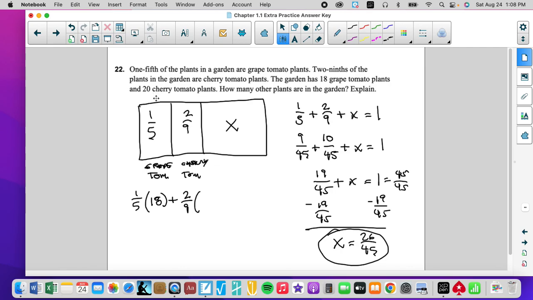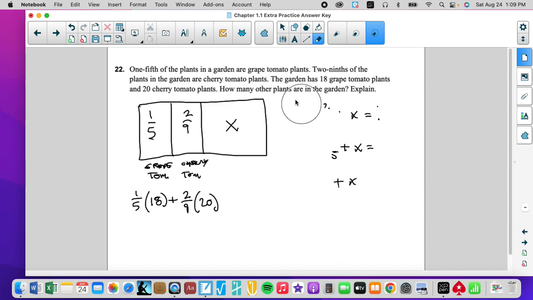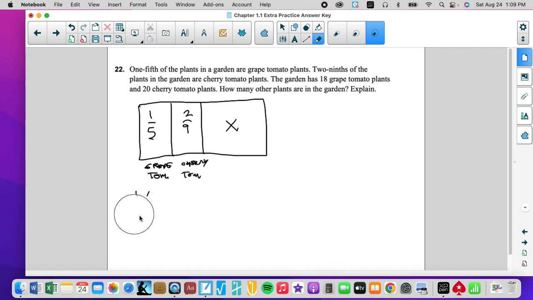Now that's interesting. Cherry, 2/9. Okay. 20. Right? Do I do? No, I think 2/9 of the total. Oh, yeah. Sorry. I think I see it now. And sometimes you have to do it wrong in order to do it right.